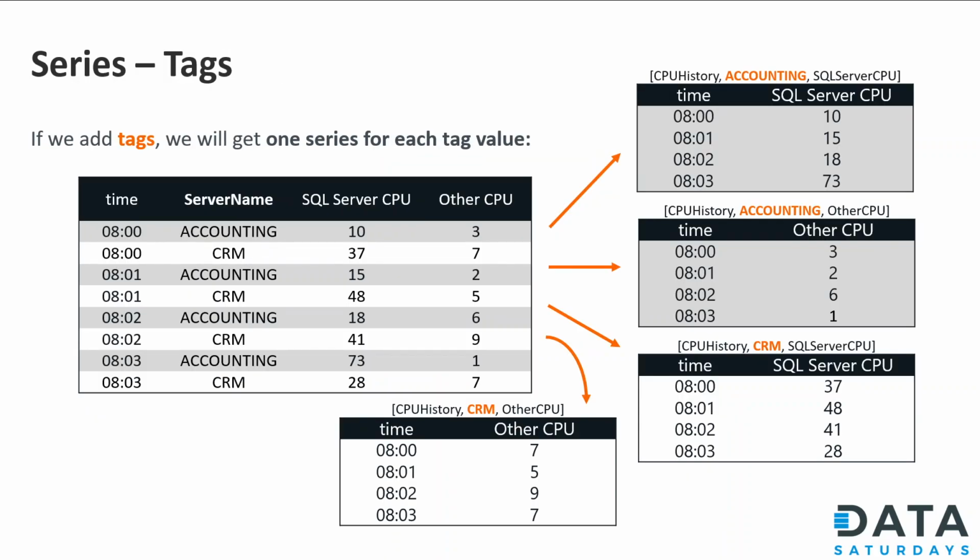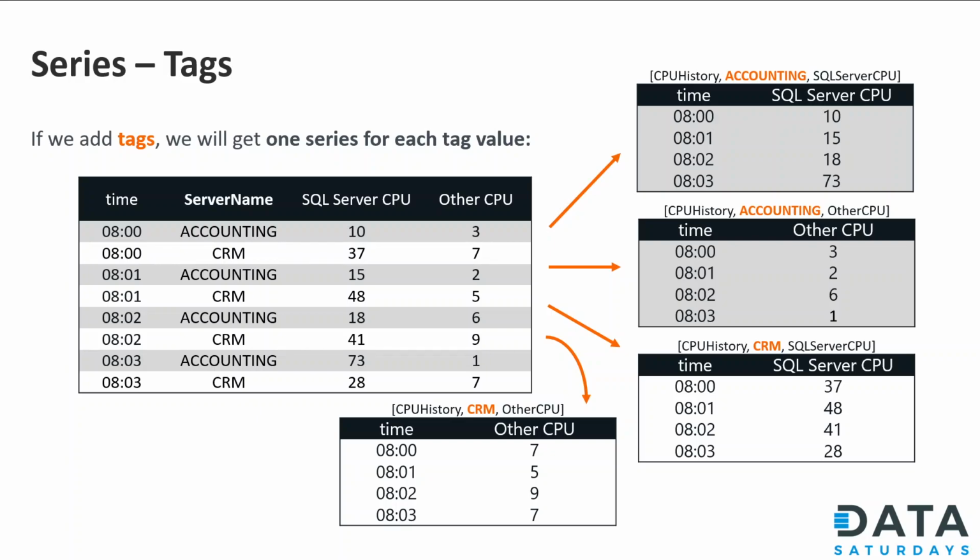If we add tags, things become even more complicated. Let's say we are not measuring CPU just for one server, but we're doing that for two servers. One is called CRM, the other one is called accounting. So at a particular time, let's say at 8 a.m., we will get one value for SQL Server CPU and one value for other CPU. We will also get one value for SQL Server CPU and one for other CPU for the CRM server.